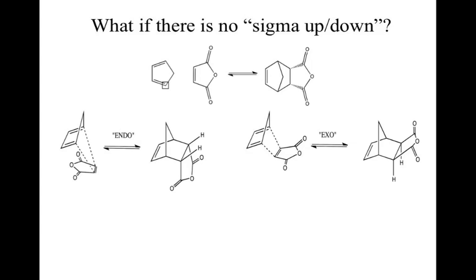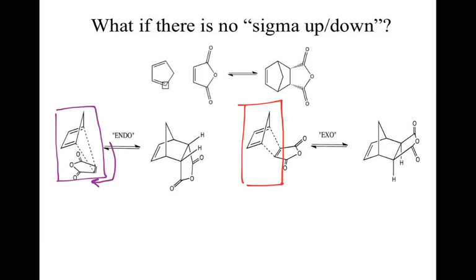Endo, for me, I tend to think of as in or under, so you'll notice that these are now stacked on top of each other, whereas the exo is on the outside. If we tried to draw that same kind of square, you'll notice that we have a piece outside that square. So we have an exo product and an endo product.